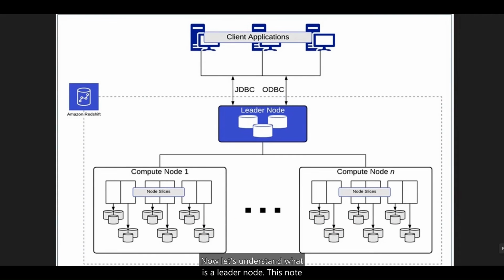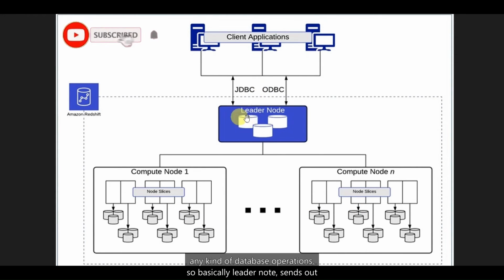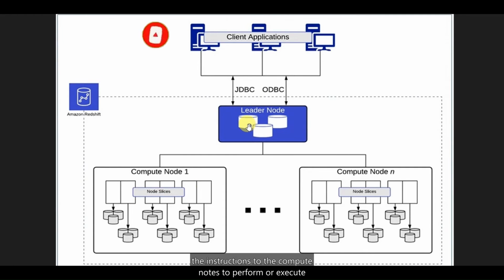Now let's understand what is a leader node. This node basically manages the interaction between the client application and the compute nodes. So it acts as a bridge between the client application and the compute nodes. Also, it helps to carry out any kind of database operations. So basically, the leader node sends out instructions to the compute nodes to execute, and the output is given back to the leader node.